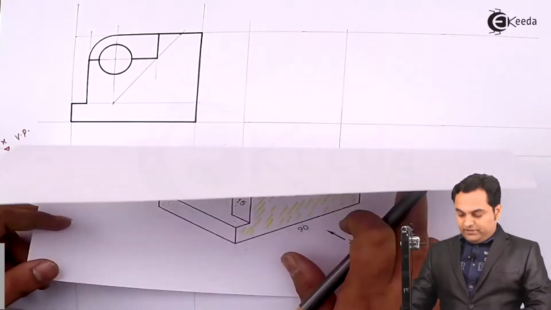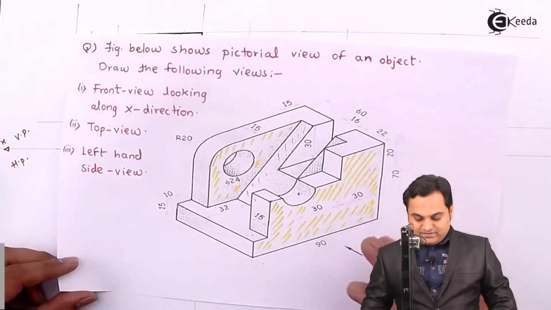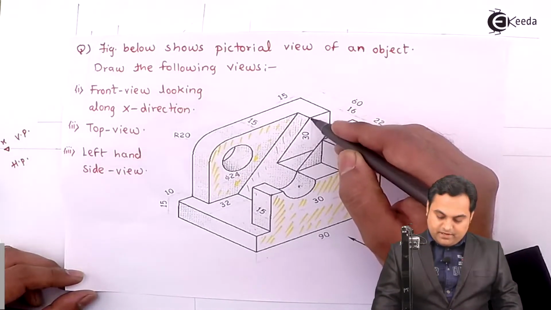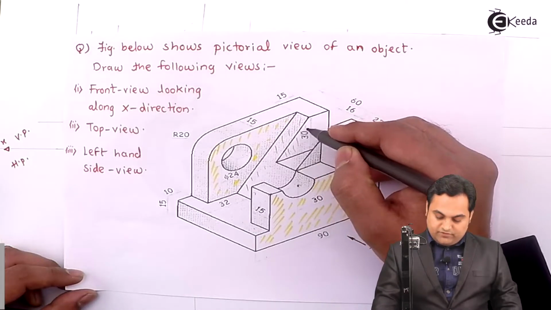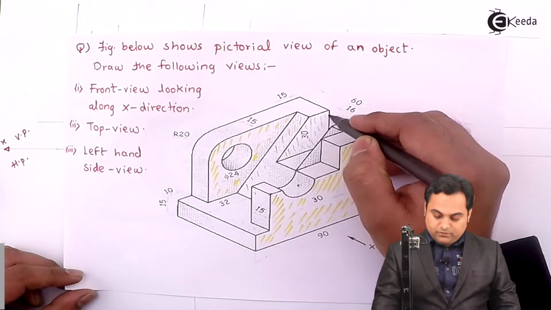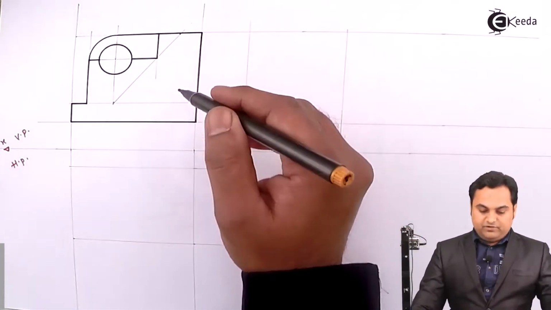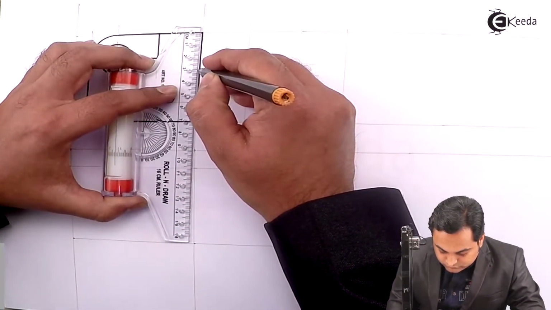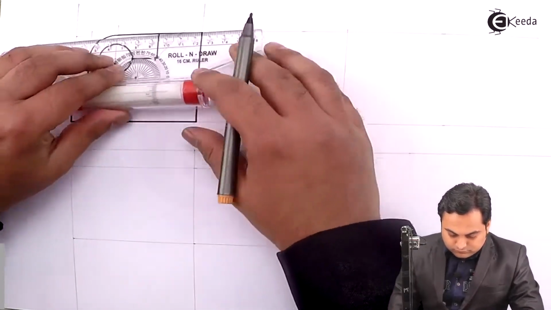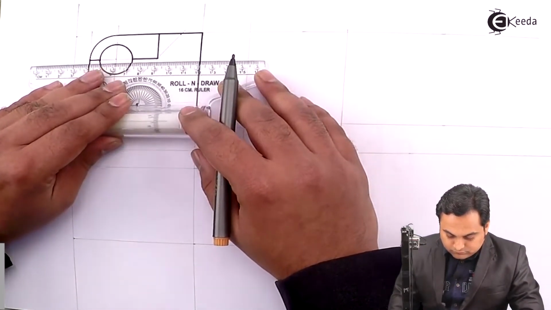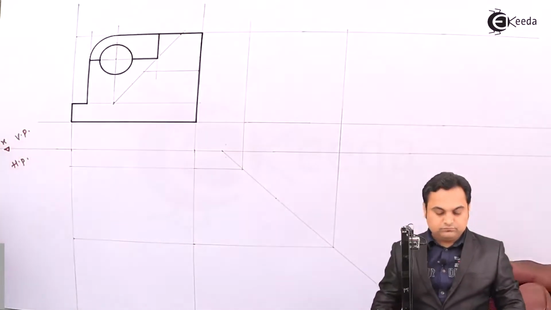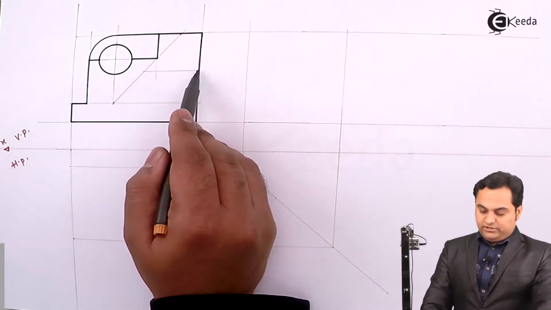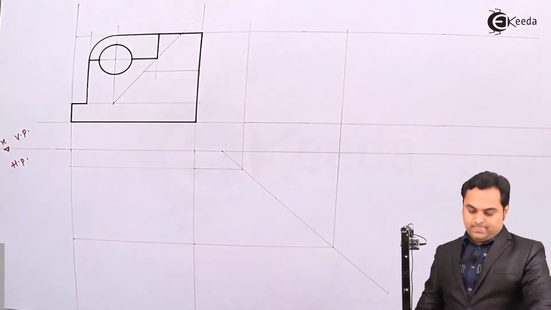Then this slope would be hidden, and at the same time inside this slope there is a cut which is this 30 mm height. So here this surface will also be hidden. For that, I'll measure 30 mm from one side and project it. So now this slope and the cut here will also be hidden.